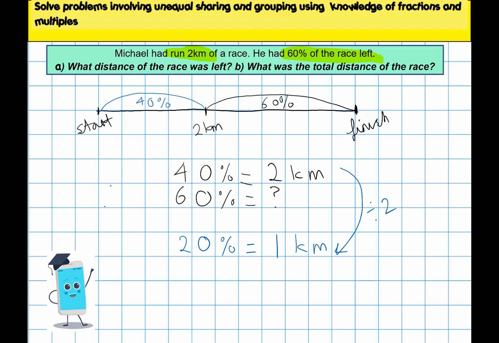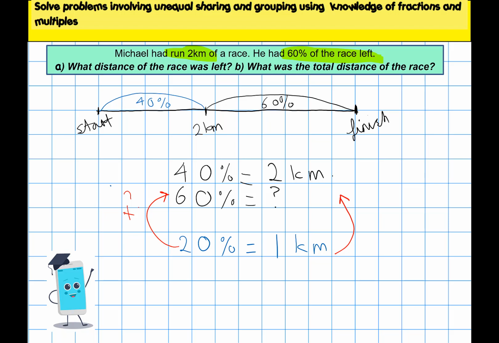So if I do that, does that now make it a bit easier to find out what 60% is? Because I think it's easier to see what I have to multiply 20 by to get to 60 than it was to find out what I had to multiply 40 by to get to 60. And it doesn't matter, I could go up or I could go down.